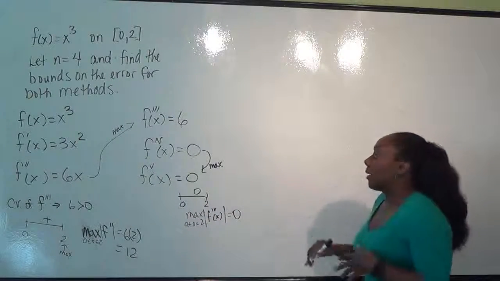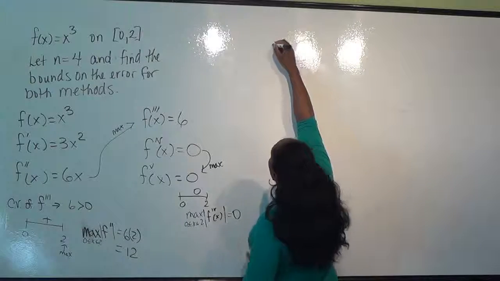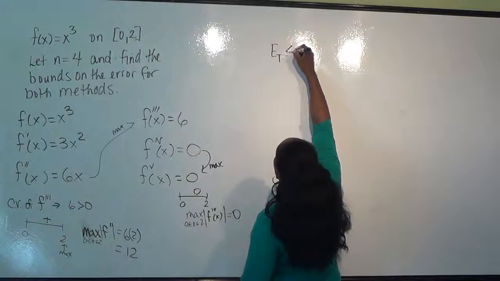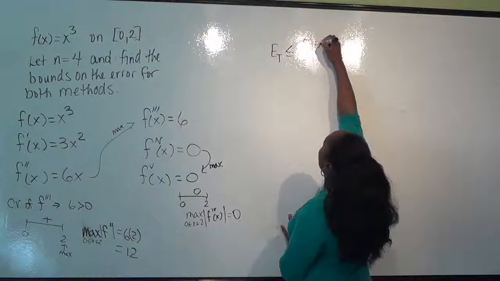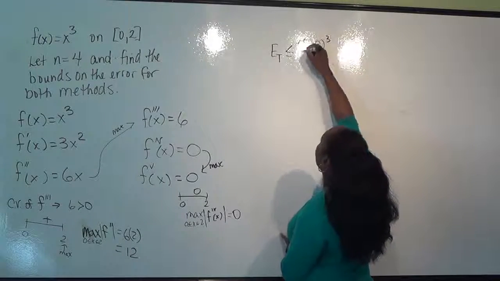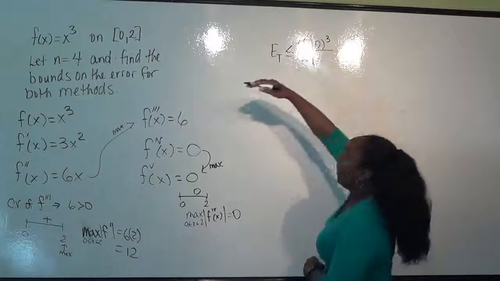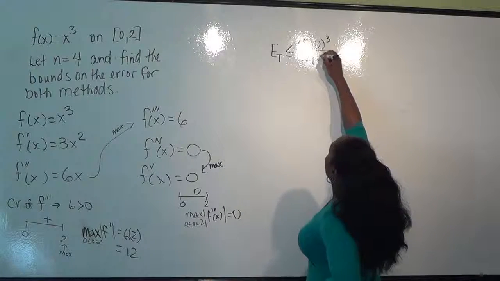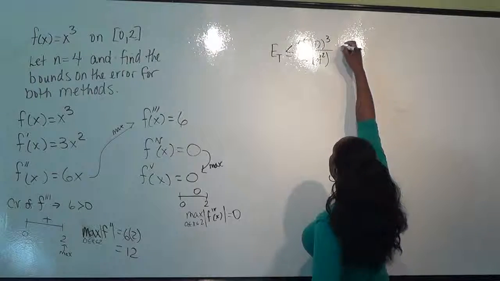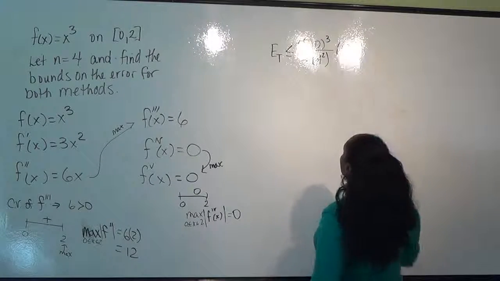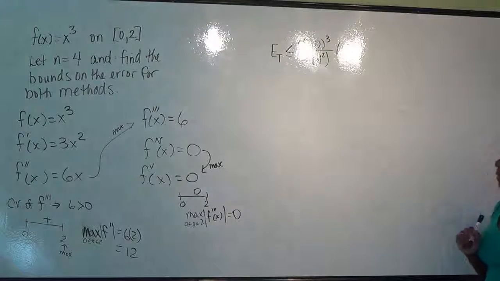Now let's go to our actual formula. We'll start with the trapezoid. It says this is going to be less than or equal to b minus a, so 2 minus 0, cubed, over 12 n squared. N in this case is 4. And we're going to multiply by the max of the function on that interval.